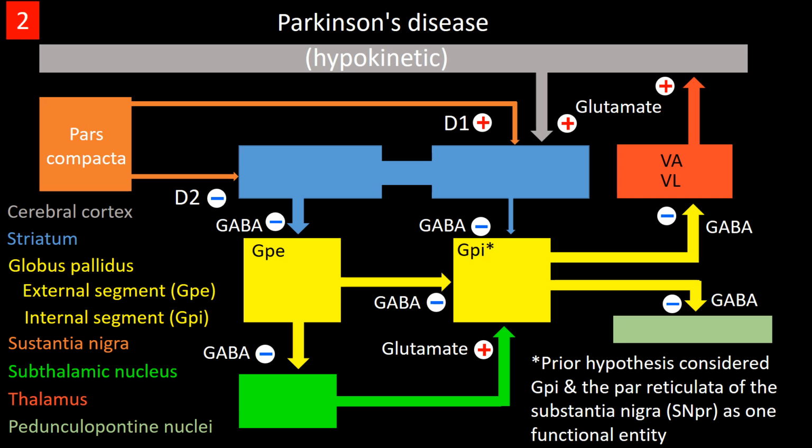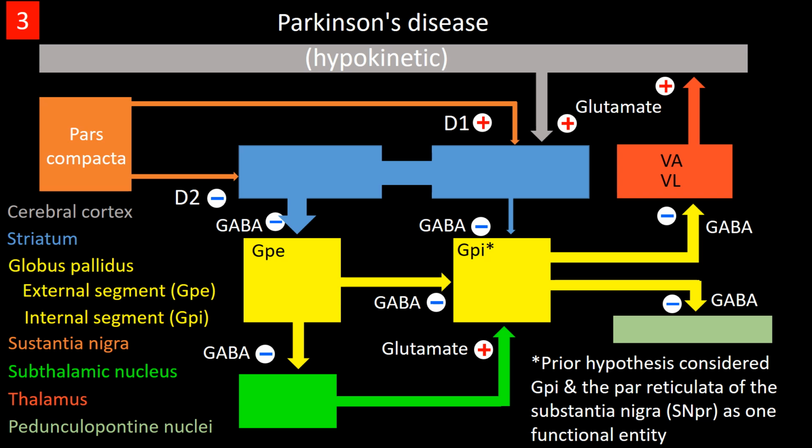This leads to decreased inhibition of the internal segment of the globus pallidus, but at the same time, since the other pars compacta connection is inhibitory, the lack of inhibition of the striatum will produce increased inhibition of the external segment of the globus pallidus.